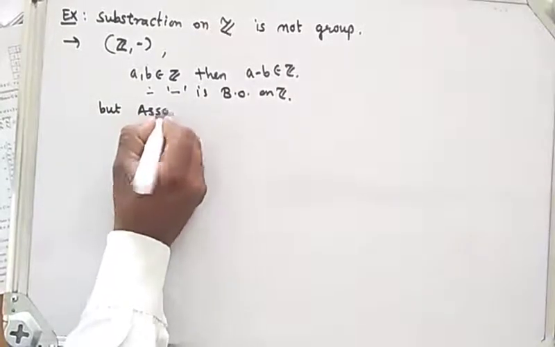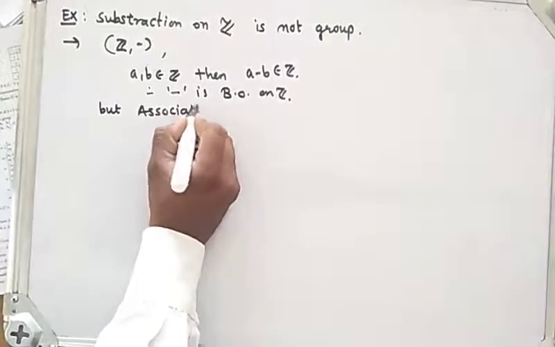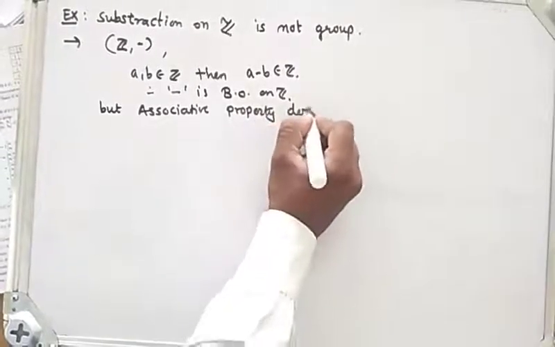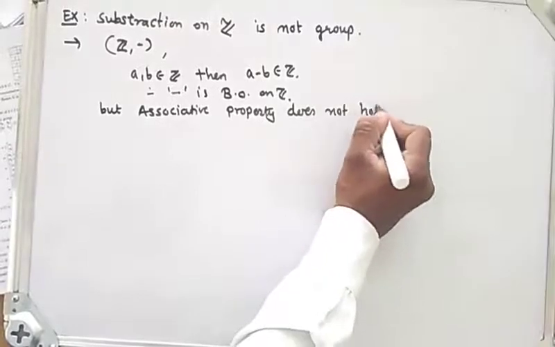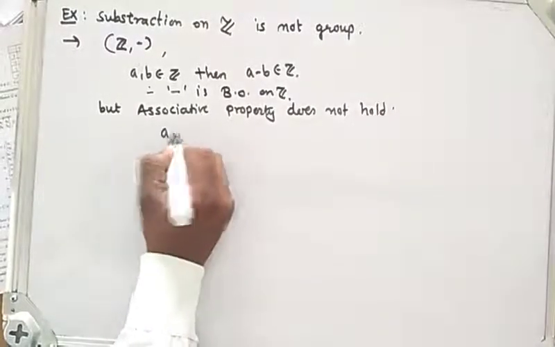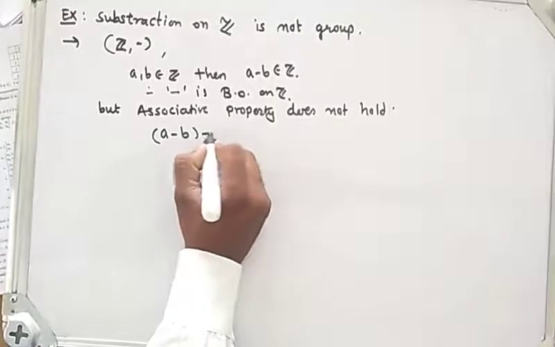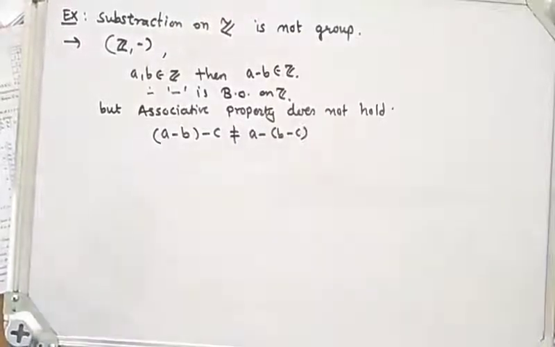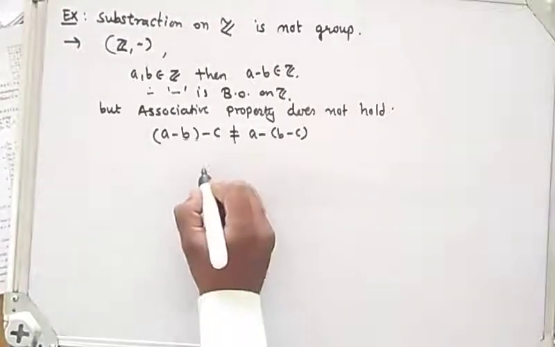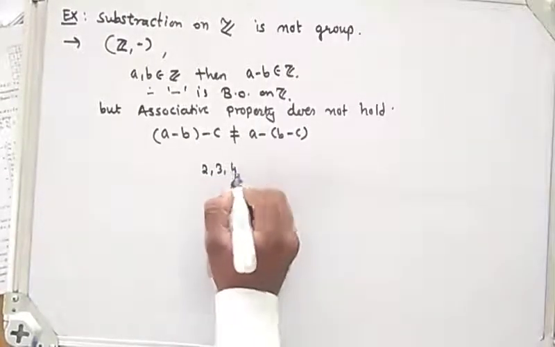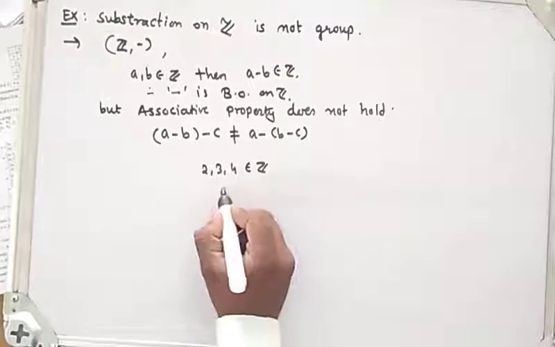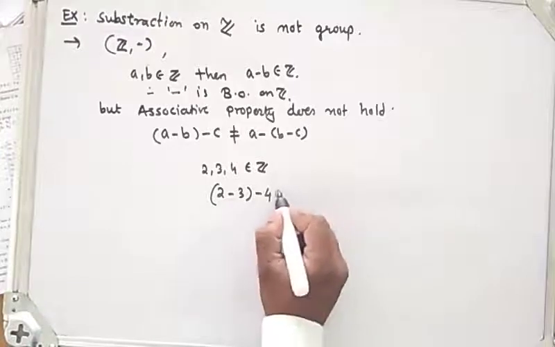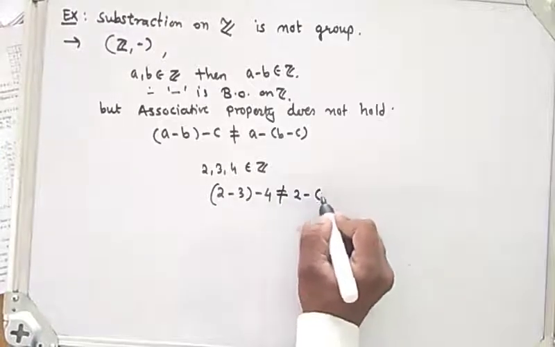But the associative property does not hold, because (a minus b) minus c is not the same as a minus (b minus c). For example, if I take 2, 3, 4 belonging to the set of integers, then (2 minus 3) minus 4 is not the same as 2 minus (3 minus 4).